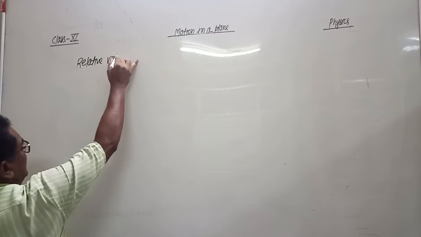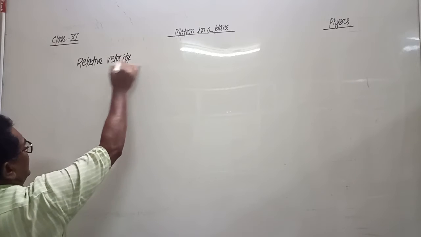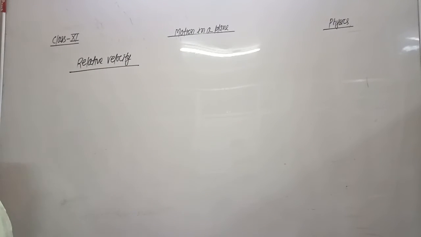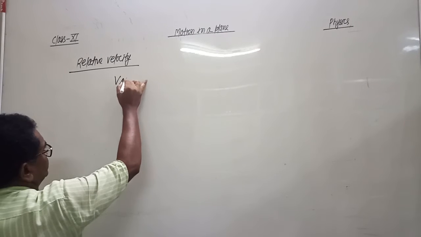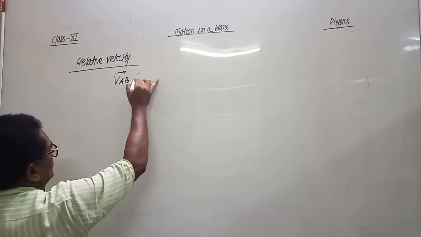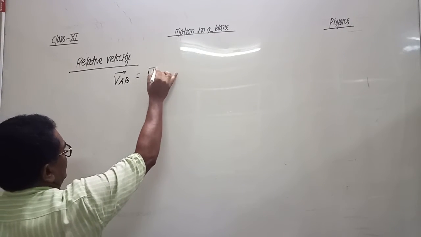In one dimension we have already studied it, but again we revise it. We know the formula for relative velocity: VAB equals VA minus VB.